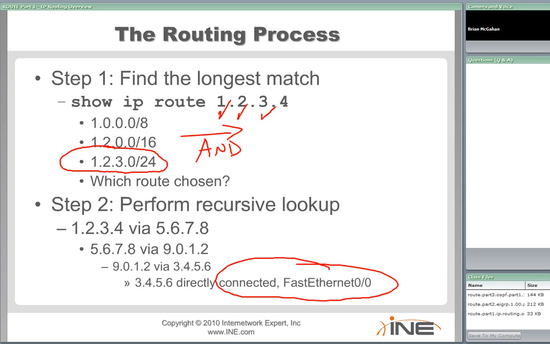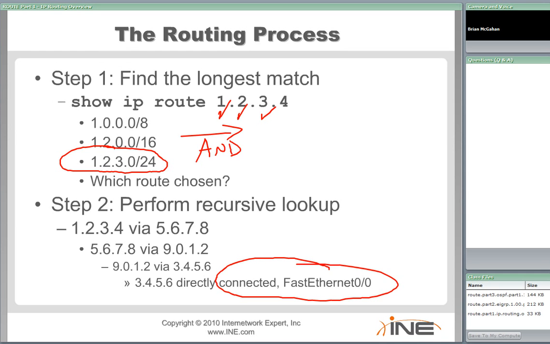Whether this be a physical connected interface like FastEthernet 0/0, or a logical subinterface, or even a logical tunnel interface. As long as it is some link that shows up as a connected route in the routing table, then we can pass the packet off to the switching process.